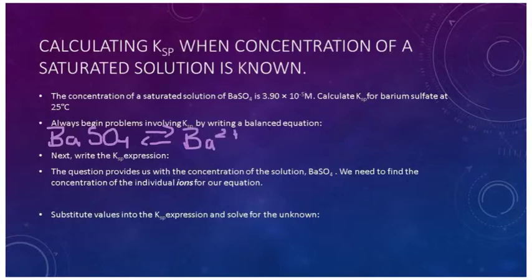If you don't know what the ions are, you can refer to your periodic table of ions, which I would have given you in your duotang, just to see what their ionic charges are. Next we're going to write a KSP expression. I didn't leave myself enough room, so I'm just going to write it over here. So KSP is the concentration of the products over the concentration of the reactants.